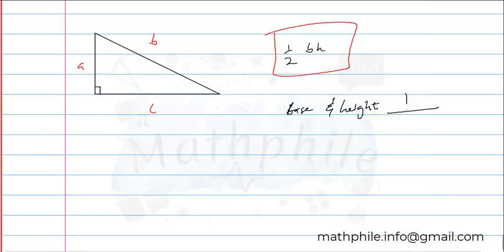So if they are not meeting at 90 degrees, they can't be either the base or the height. We good?